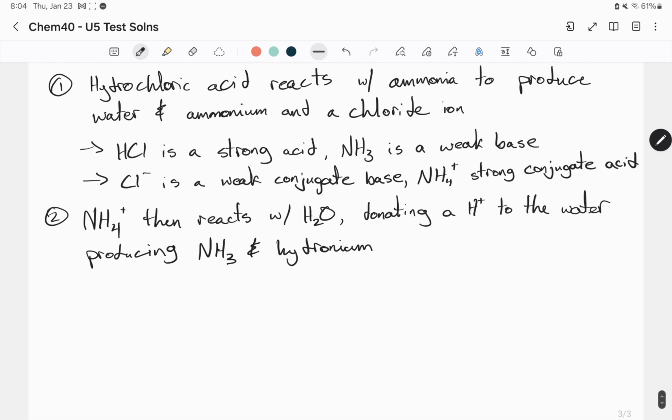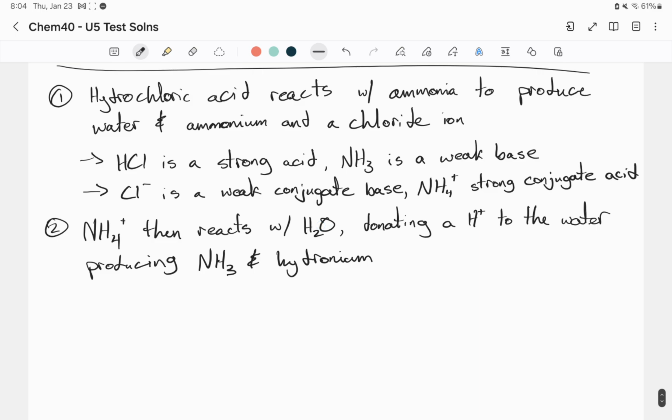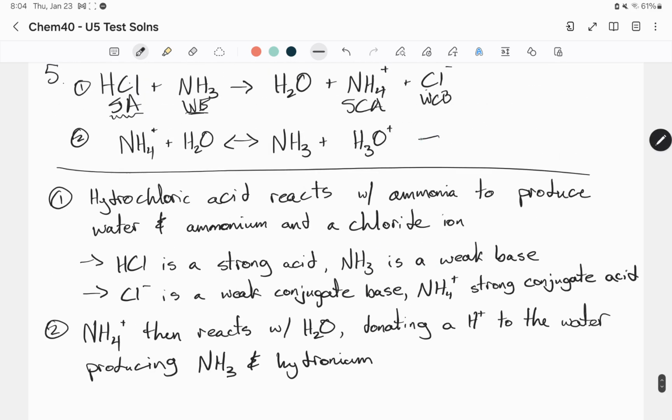Okay, so there's that. Now going back to the question, I have stated the names of the reactants and products for each reaction. I've stated whether the reactants are strong acids or bases or conjugates where applicable. State what will be true of the final solution. Well, we have this reaction going on here.